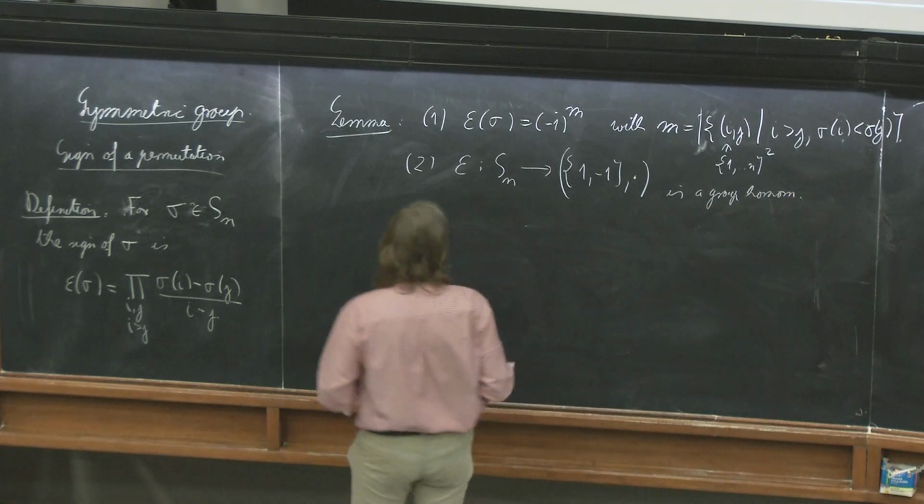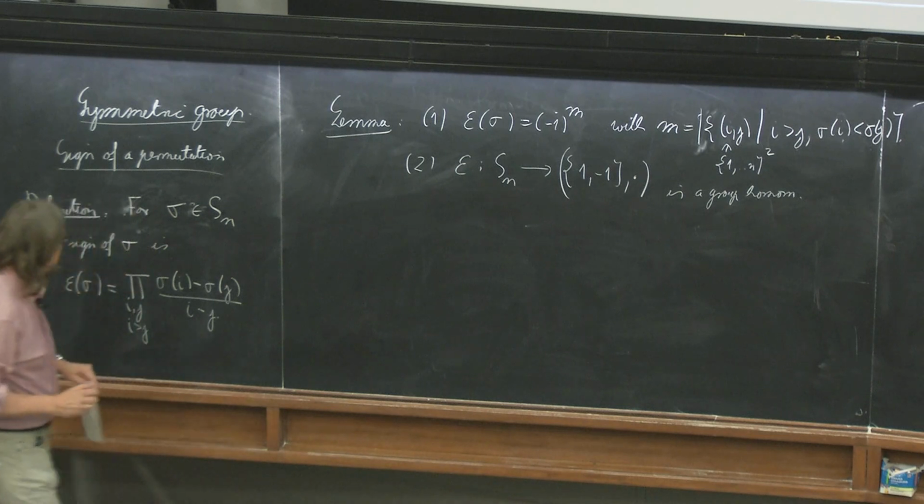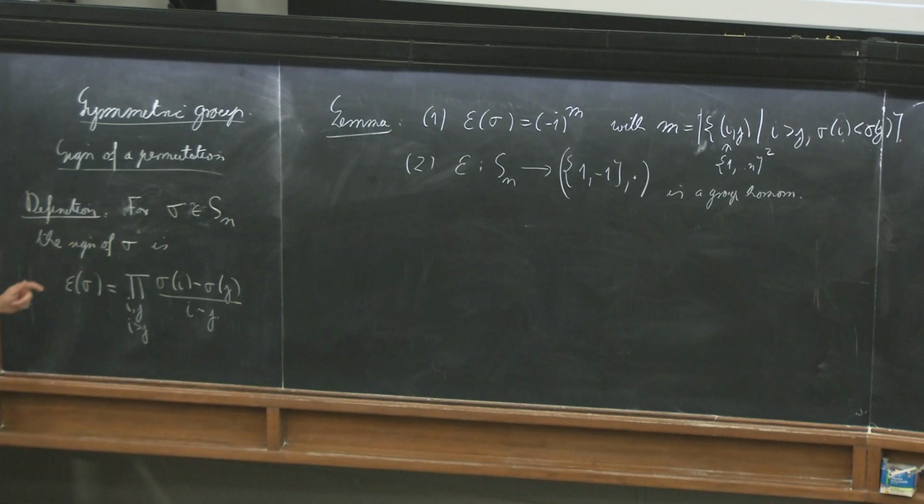So the what? The sign of a permutation. By definition, for sigma in S_n, the sign of sigma is this.